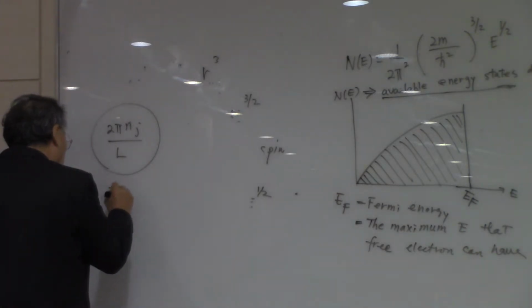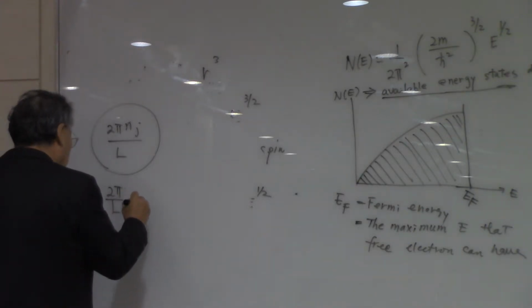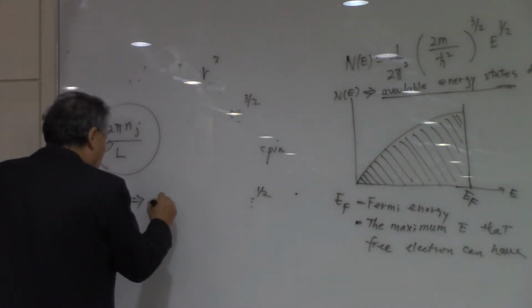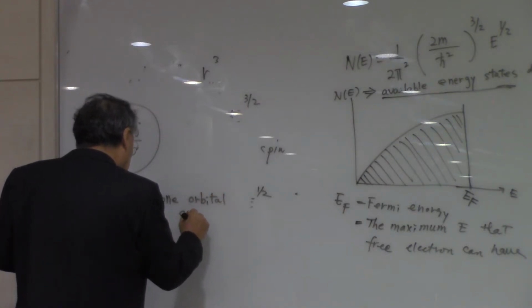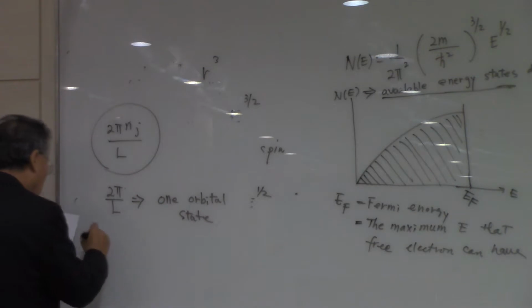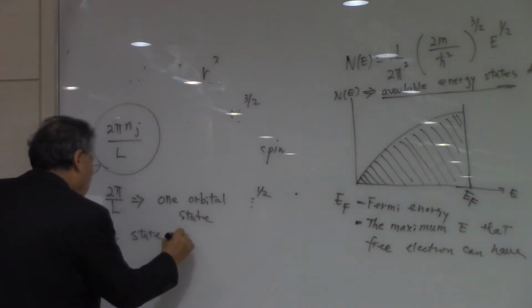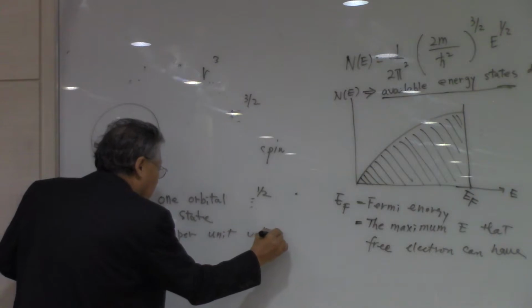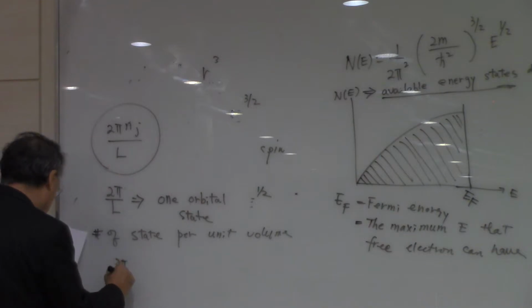So 2 pi over L is the unit of one orbital state, which means the number of states per unit volume in k-space is going to be (2 pi over L) to the minus 3.